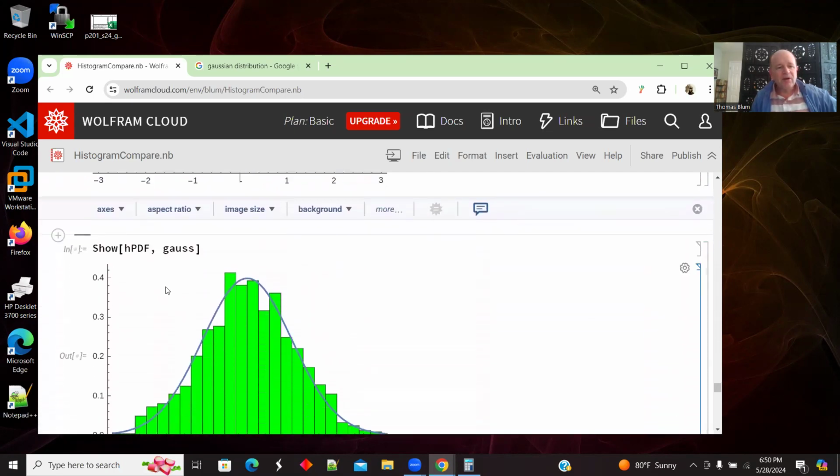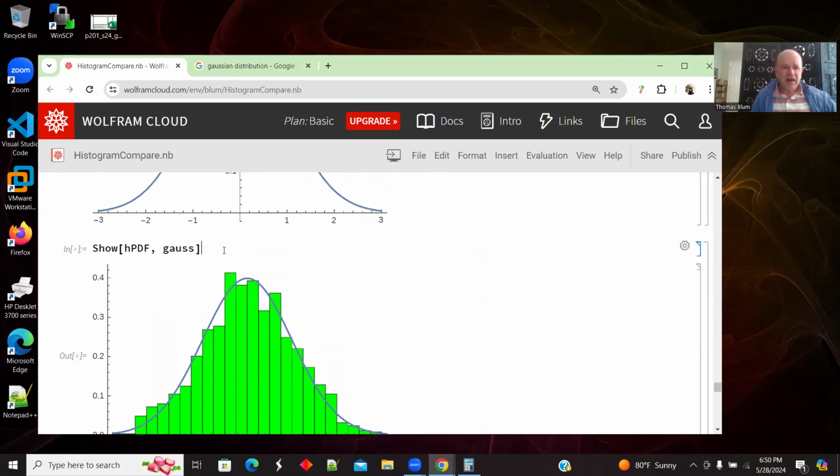But if I put them together, the PDF version of the histogram and this probability distribution, this mathematics, then that is the correct comparison. So that's the histogram with the correct form to compare it to math.